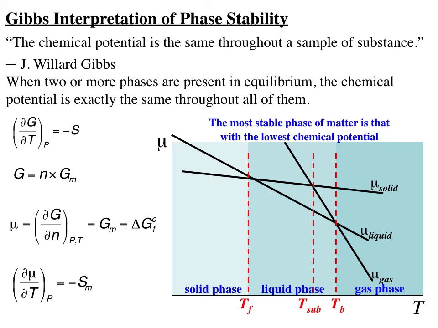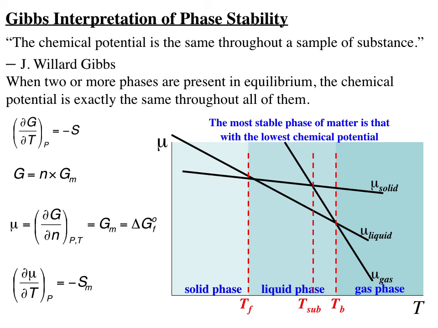That's the only difference between looking at dG/dT at fixed P and d mu/dT, or the change in chemical potential with temperature at fixed P. I will just change the entropy to the molar entropy.